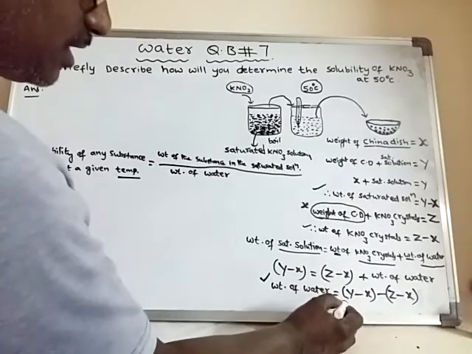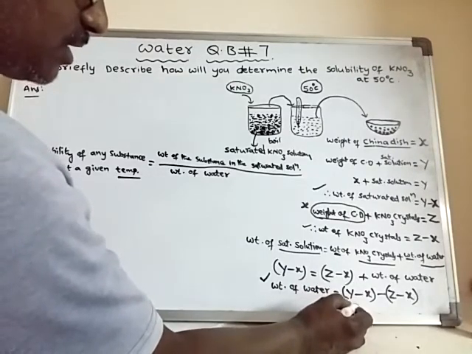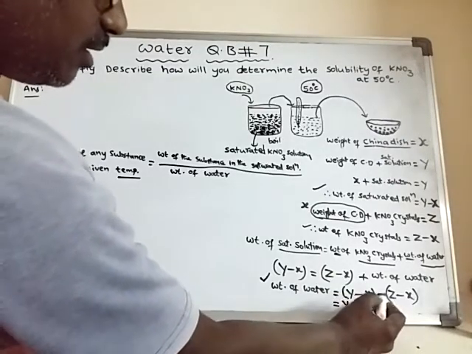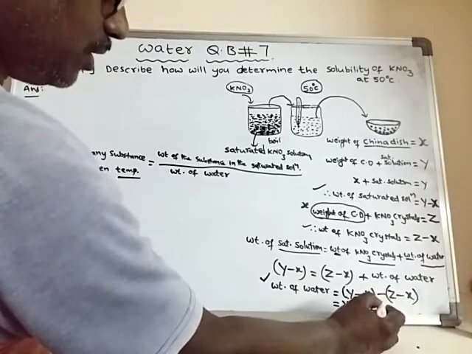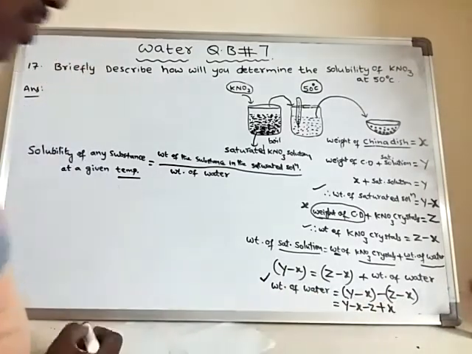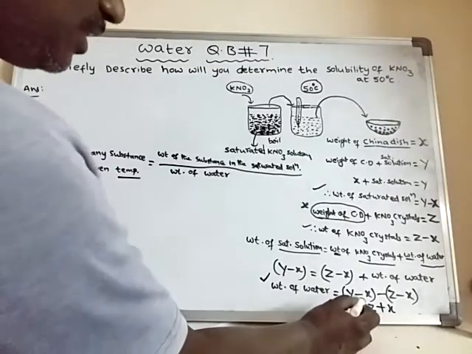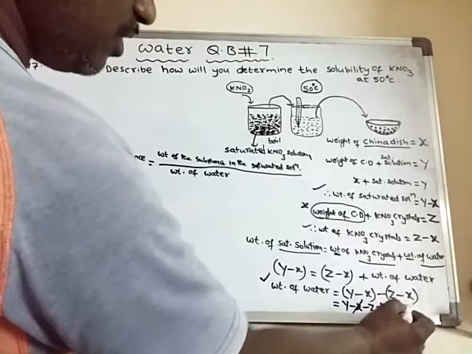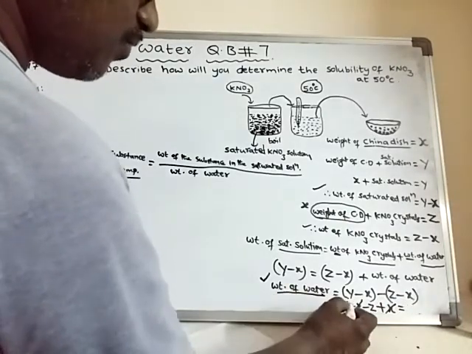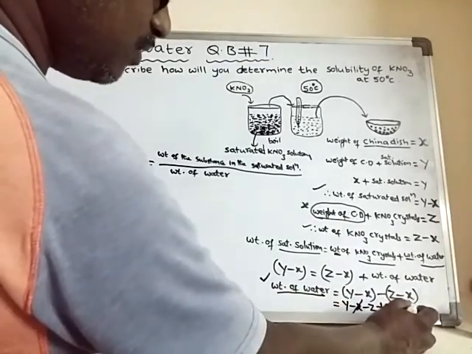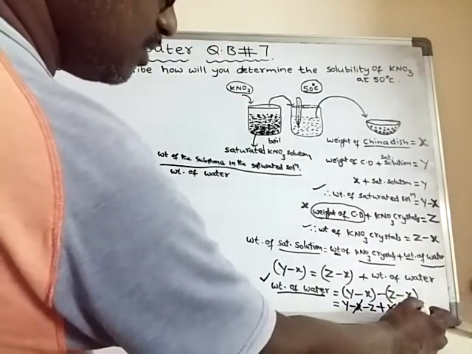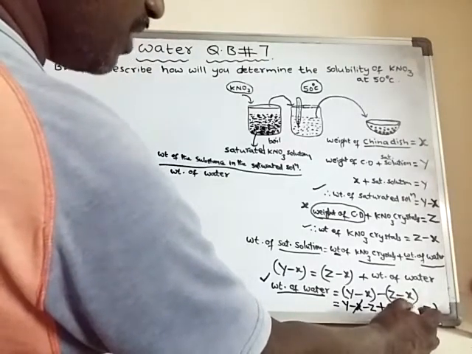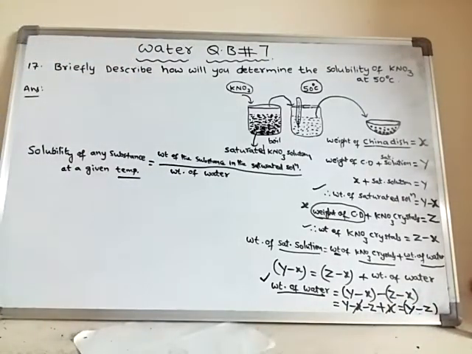So Y minus X minus Z, minus into minus is plus, so plus X we got. Minus X plus X we can cancel. So finally we'll get the weight of water as Y minus Z. So Y minus Z is the weight of water.